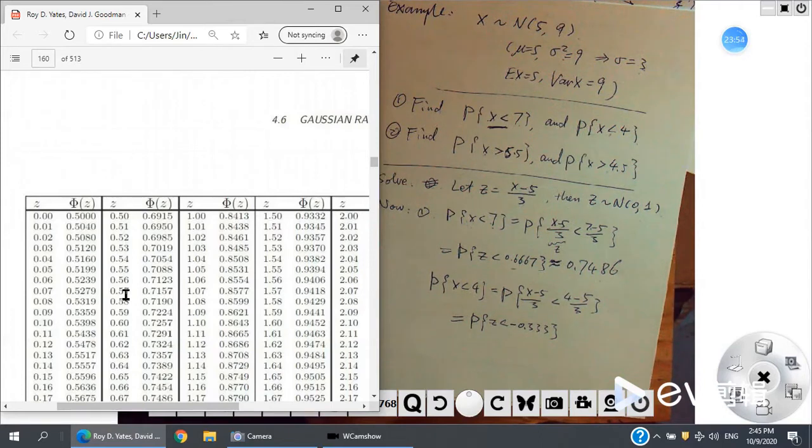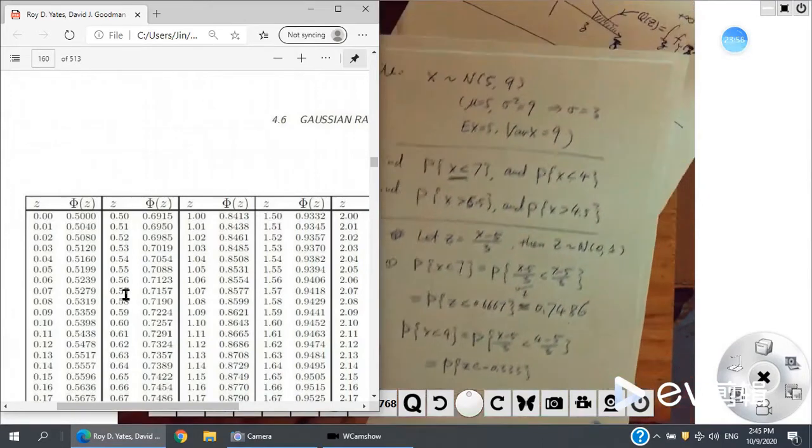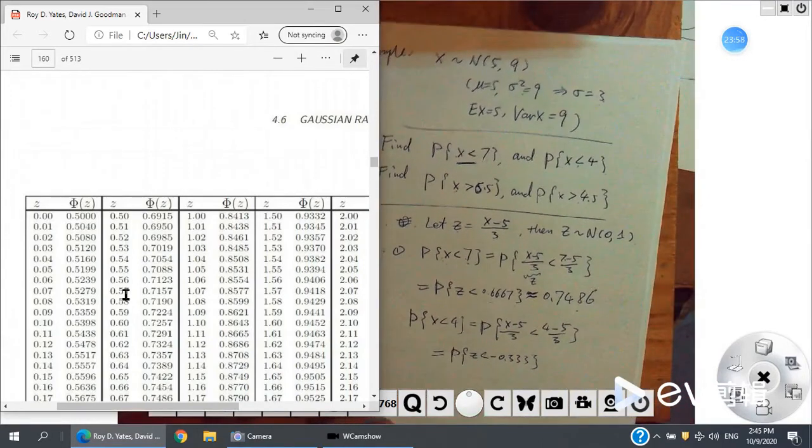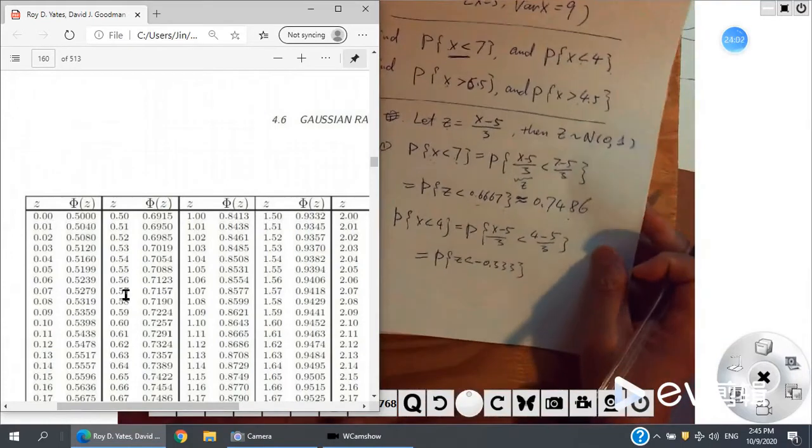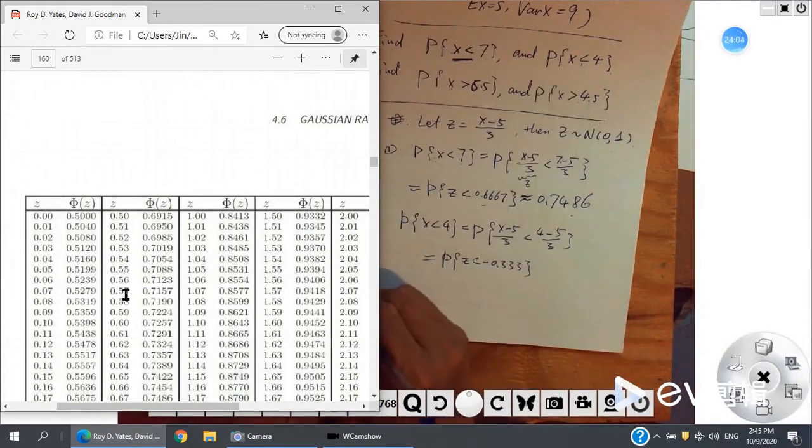Okay, here you need to draw a graph. When you have this, you need to draw a graph. That will help with the calculation. So here, this is negative 0.33.